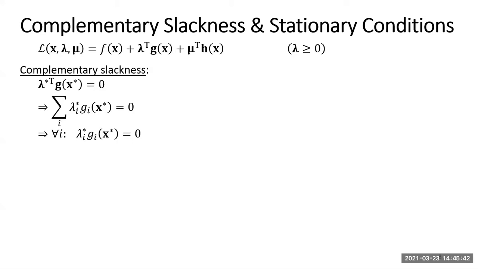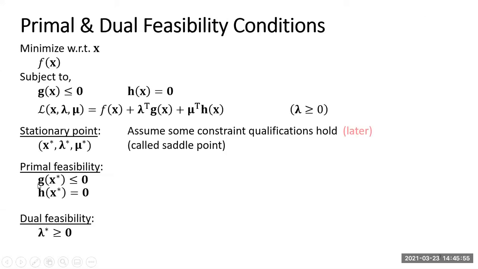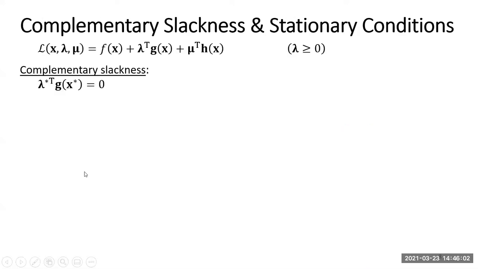Now, each term in the summation, g i of x star, we're in the feasible region, right? Since the primal feasibility conditions hold, g of x star is less than or equal to 0. So g i of x star is less than or equal to 0, and lambda i is greater than or equal to 0.